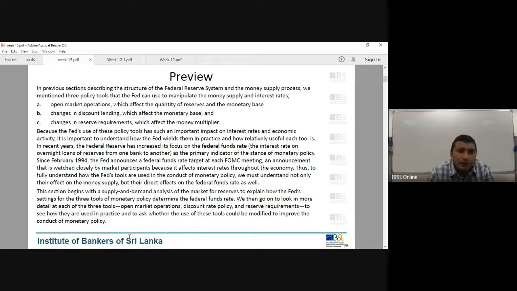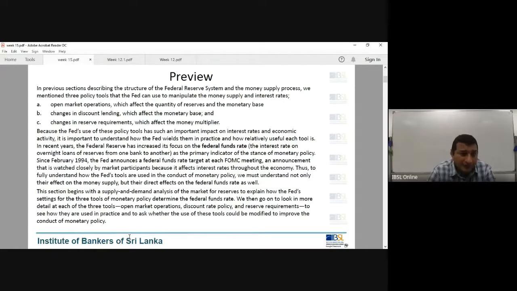It is also important to understand how central banks use them in practice, and how useful they are in energizing economic activities or driving them in the desired direction of the policies.